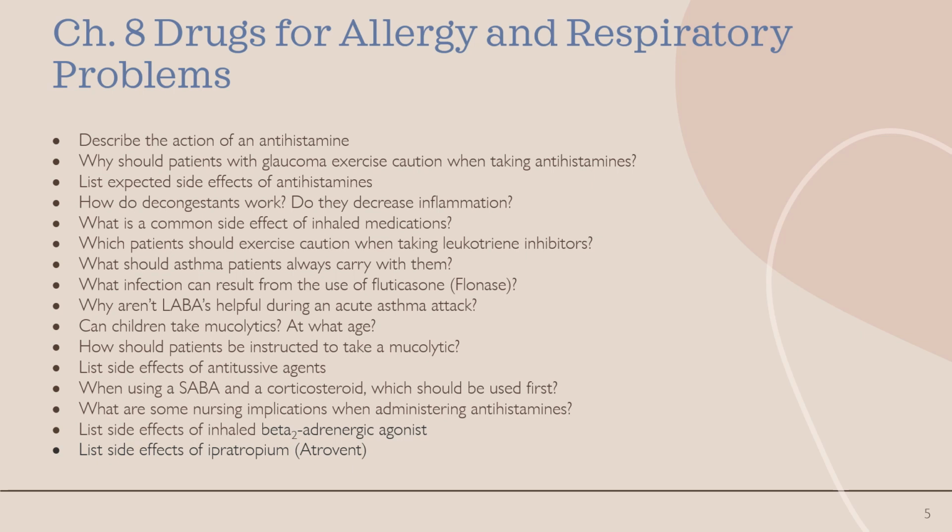A long-acting beta-2 adrenergic agonist, or LABA, is an orally inhaled drug that binds over time to beta-2 adrenergic receptors and is used as an asthma controller drug. So they just take a bit too long to work. That's why they're not helpful during an acute asthma attack. They are long-acting, whereas the SABAs are short-acting. They will provide immediate relief.